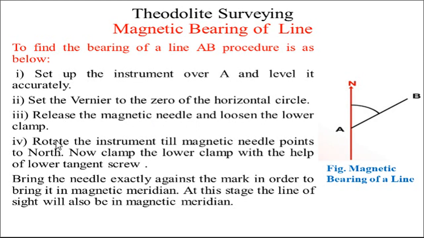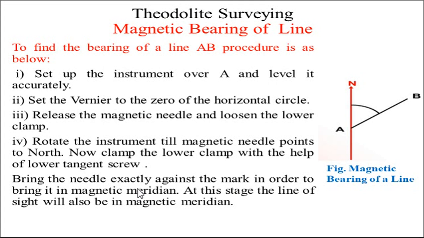Fourth step is rotate the instrument until the magnetic needle points towards the north direction. Now clamp the lower plate with the help of the lower plate tangent screw. And next, bring the needle exactly against the north mark, in order to bring the magnetic needle towards the north direction or towards the meridian direction.